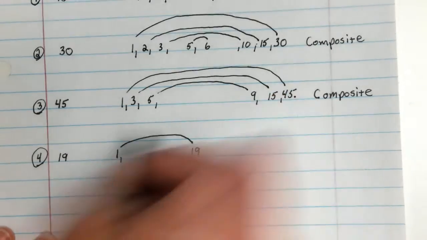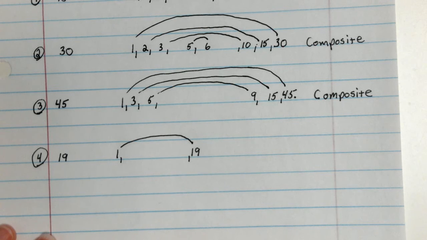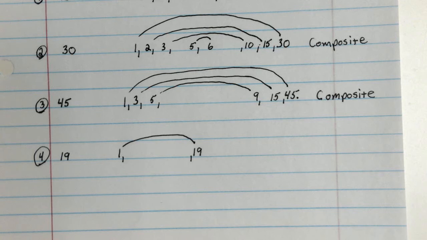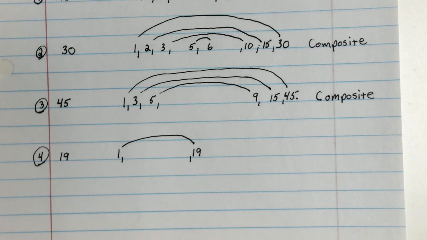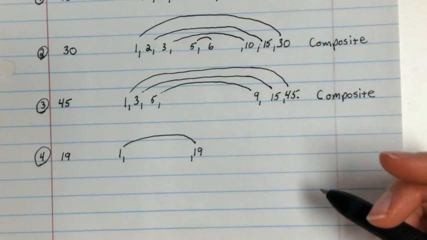So now I need to go through my numbers. 2, No. 3, No. 4, No. 5, No. 6, 7, 8, 9, No. 9, yes or no? No. And then there's really no 10 or higher.